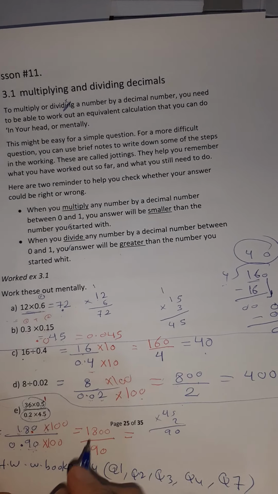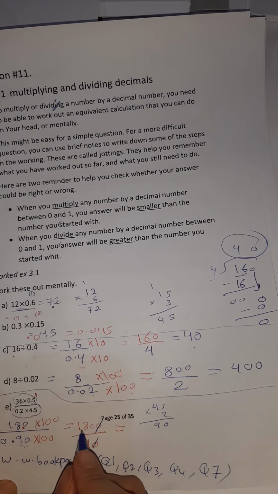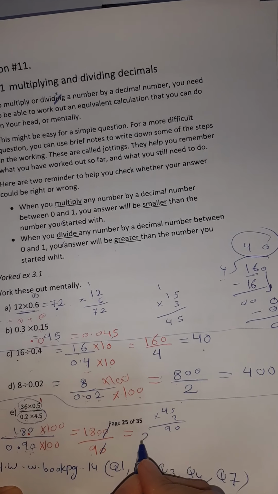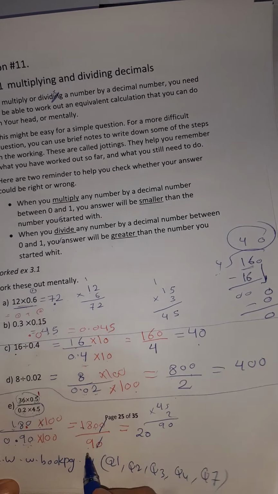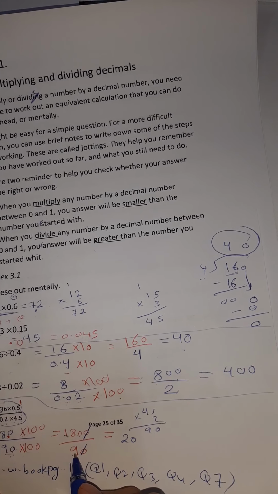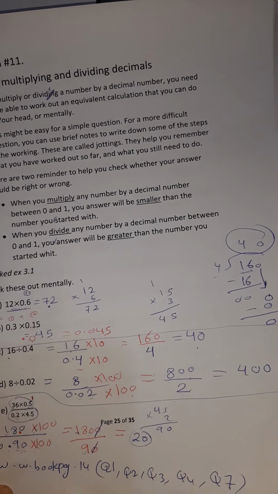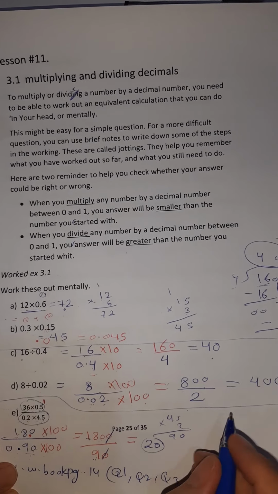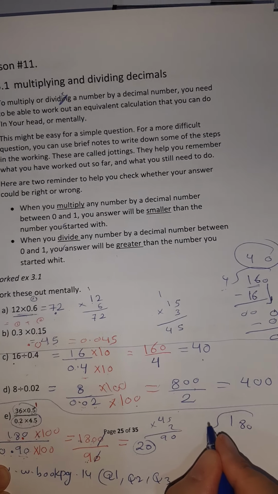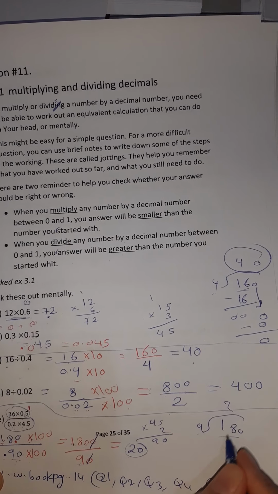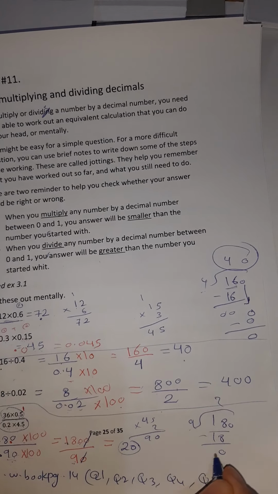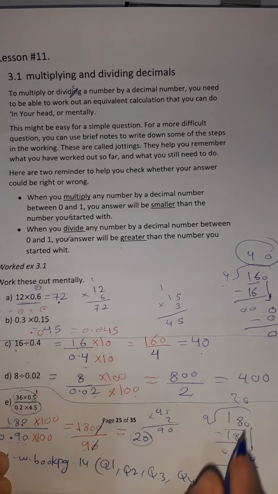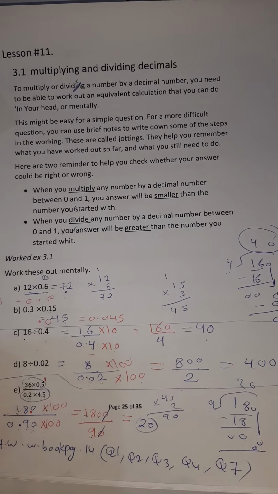Now 0 cancelled with 0. 180 divided by 9 equals 20. 180 divided by 9, since 18 divided by 9 is 2 and a 0. So here the solution is 20. Or you can use long division. 180 divided by 9, 18 by 9 is 2. 2 times 9 is 18, minus, 0. Bring down the 0. 0 times 9 is 0. So the solution is 20.